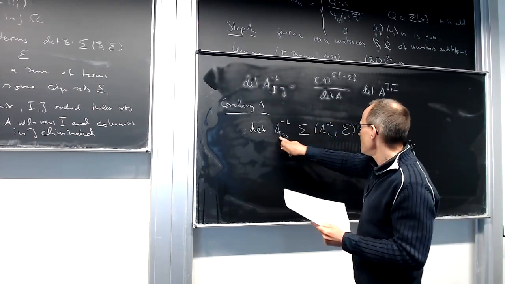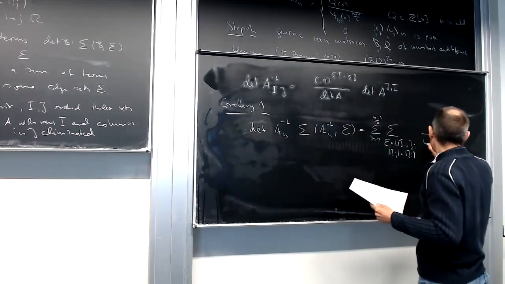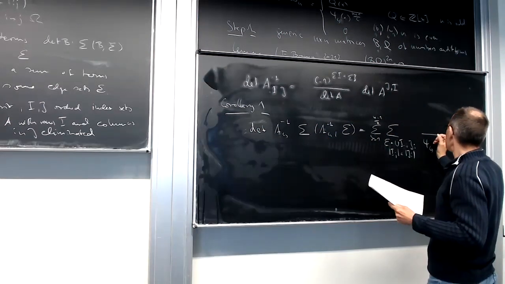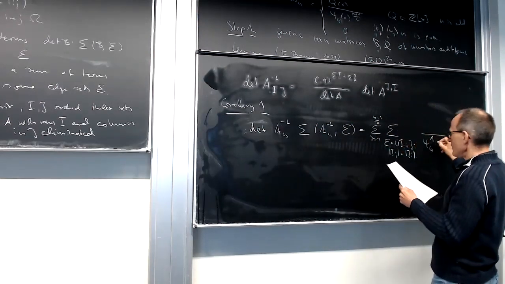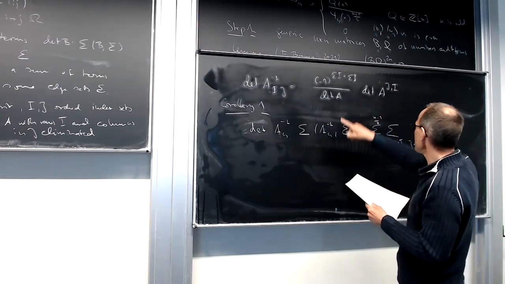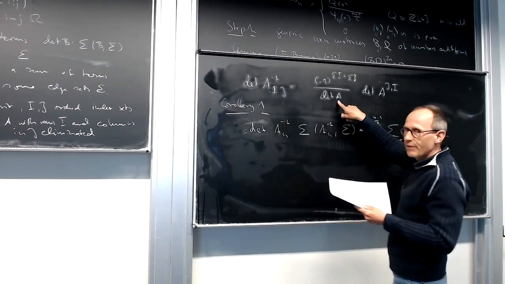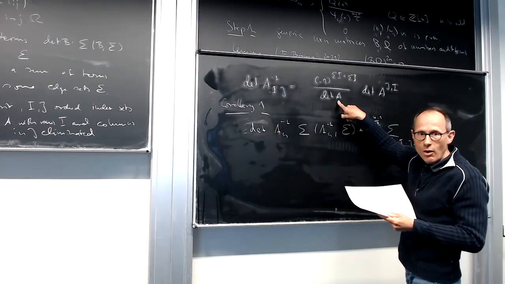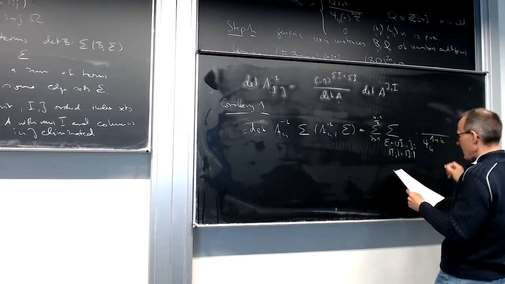This gives lambda g to the minus 1 gives a graph polynomial in the denominator, a 1 power, and then every factor, there was a product of determinants of these objects. And every one of these factors picks up 1 power in the determinant of lambda g, which gives plus k.